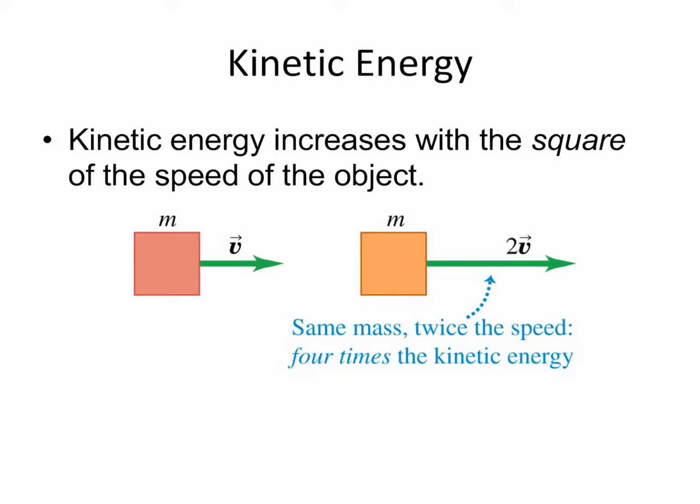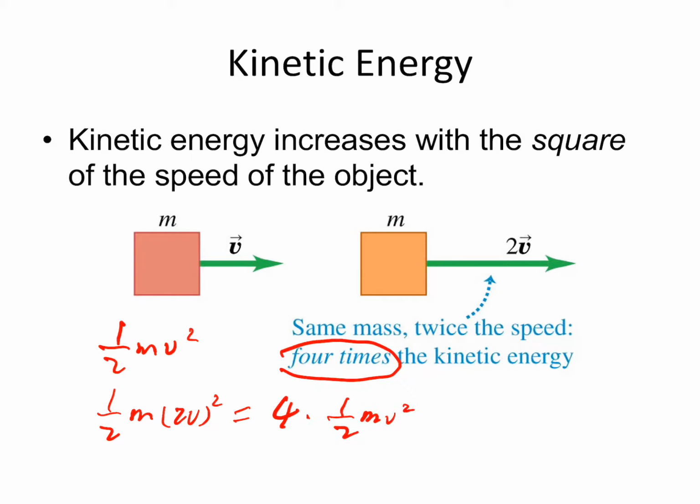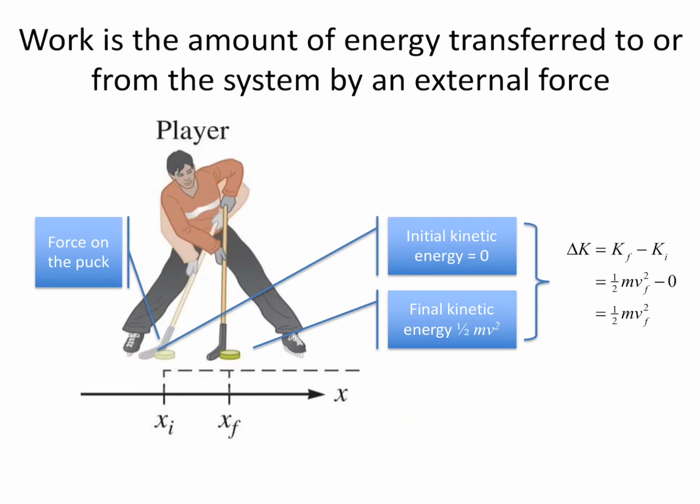You'll find that your kinetic energy is not going to double, but quadruple, 4 times. If you double the speed, your kinetic energy would quadruple. Okay, this is kinetic energy.